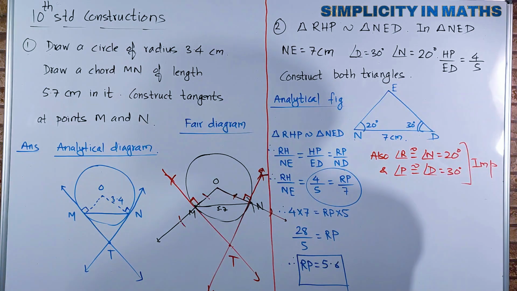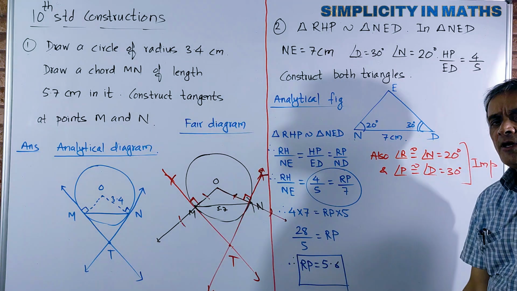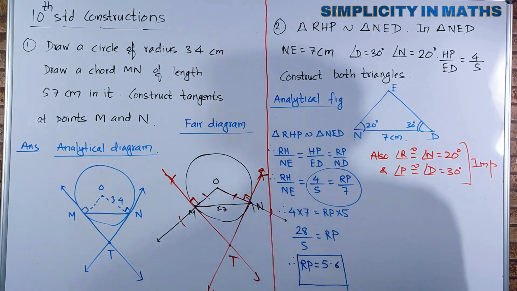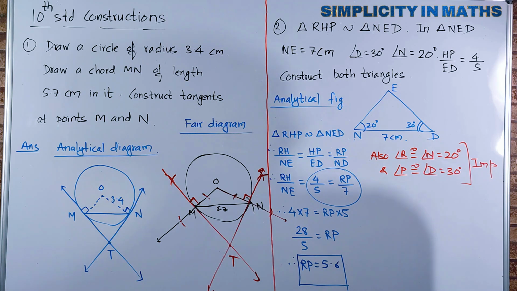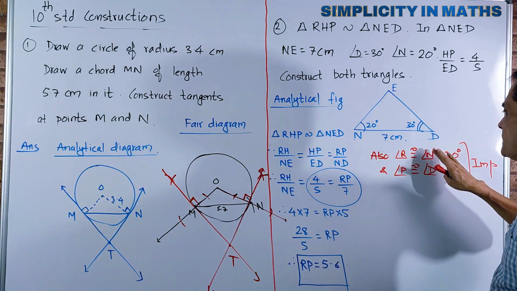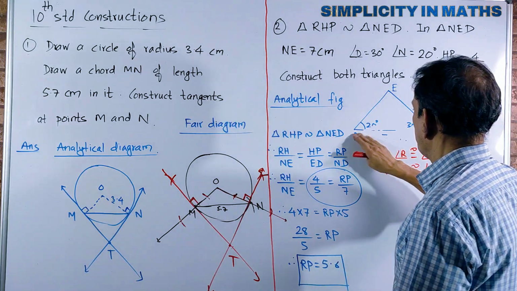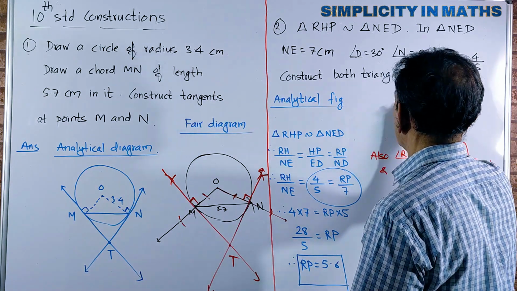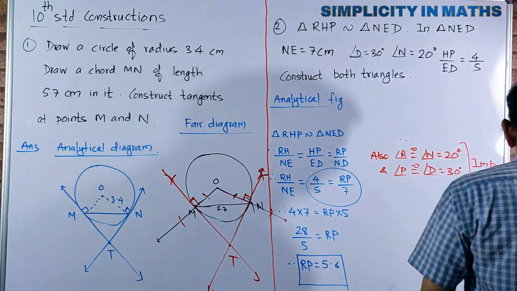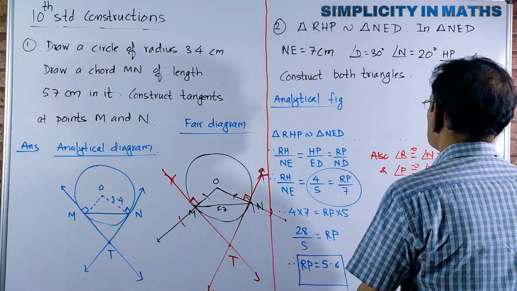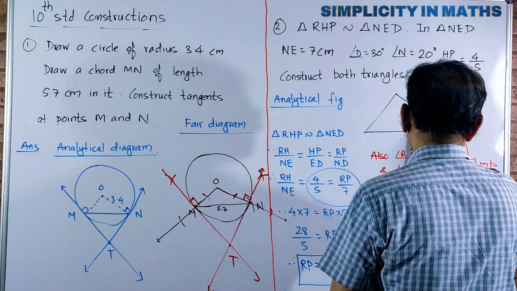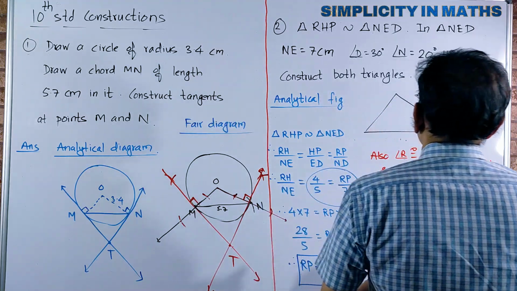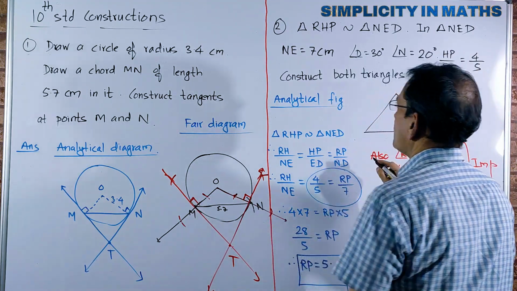Construct both triangles. अभी analytical figure में how will you draw rough diagram? First of all, you are given in triangle NED, NE equal to 7 centimeters. Okay, so let us take NE equal to 7 centimeters. अभी क्या करेंगे?